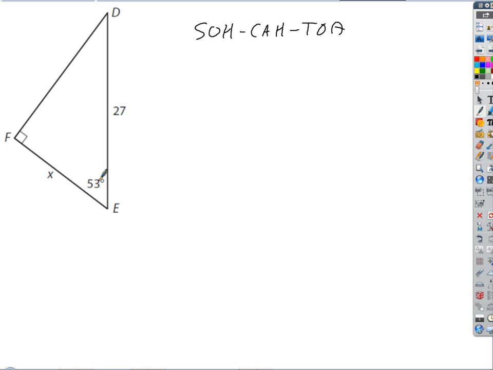We've got x, which is adjacent, okay. And then 27 is the hypotenuse. So which one uses an A and an H? Oh, there they are. So that's going to be cosine. Cosine of 53 equals x over 27. So just multiply each side by 27 and we got it.